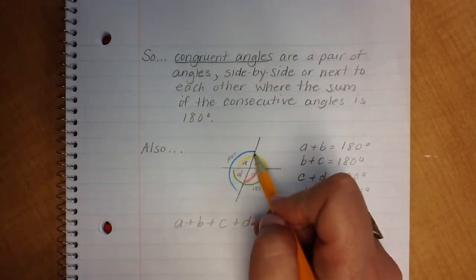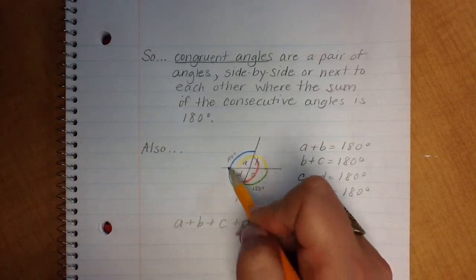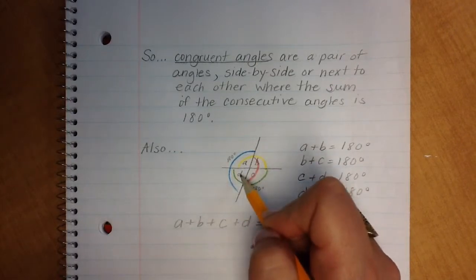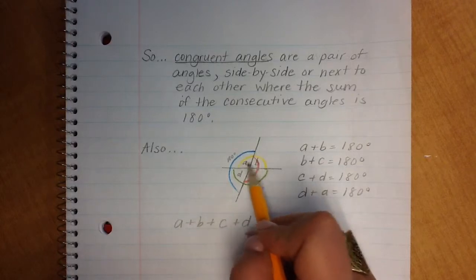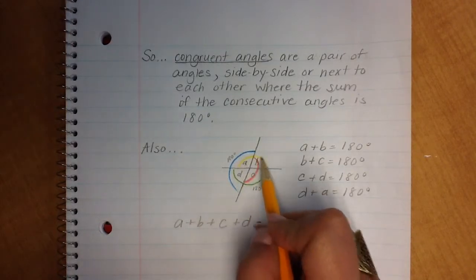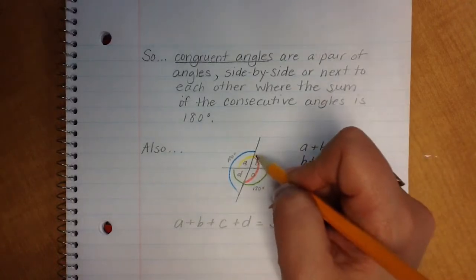So you can see this one, the angle AD is put together by a blue line that's touching. A plus D is 180 degrees. These are consecutive. A and B are going to be 180 degrees, and so forth and so on.